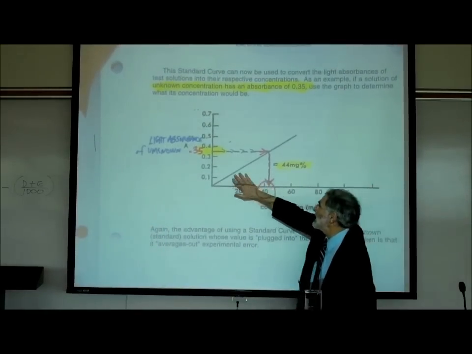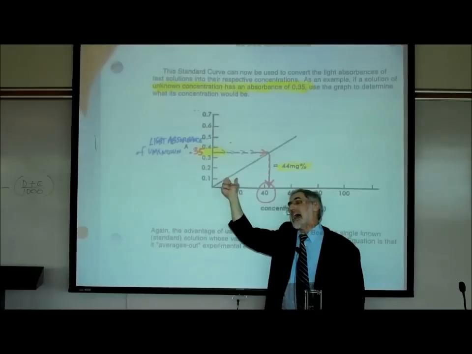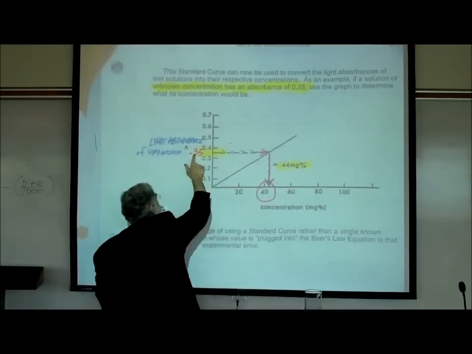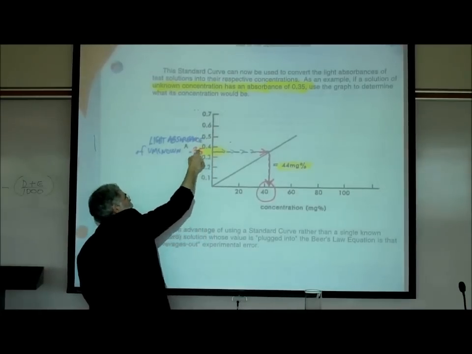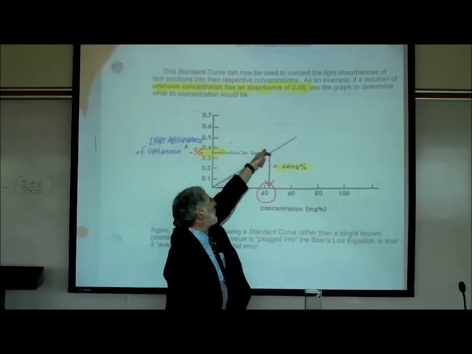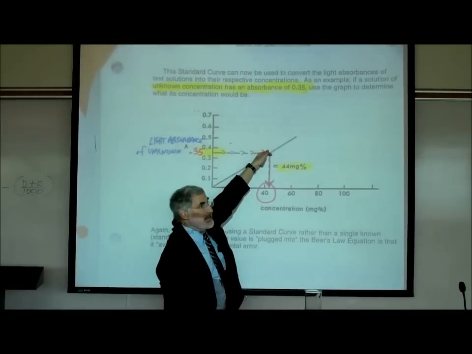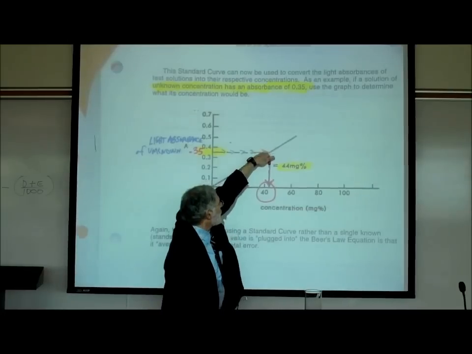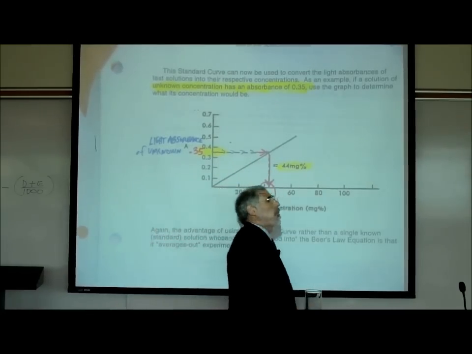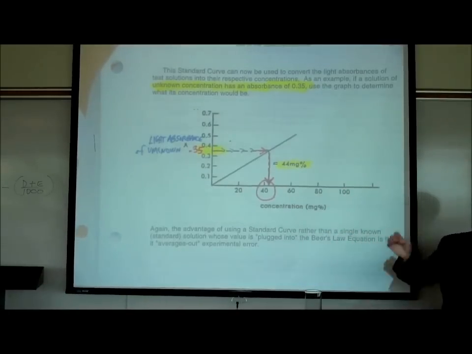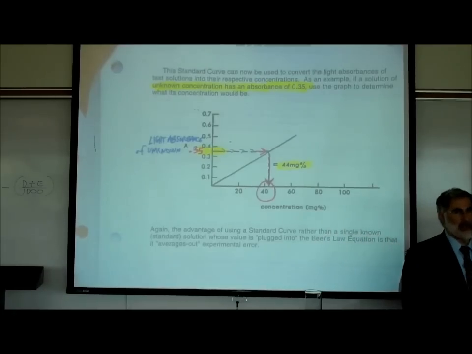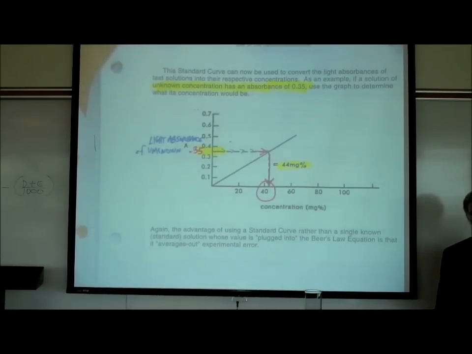So we go back to our graph, the same graph that was drawn on the previous page. We find 0.35 on the y-axis, that's light absorbance. We draw an arrow to where it hits the line, drop a perpendicular down, and we read off the graph the concentration of this unknown. In this particular case, it's about 44 milligrams percent.